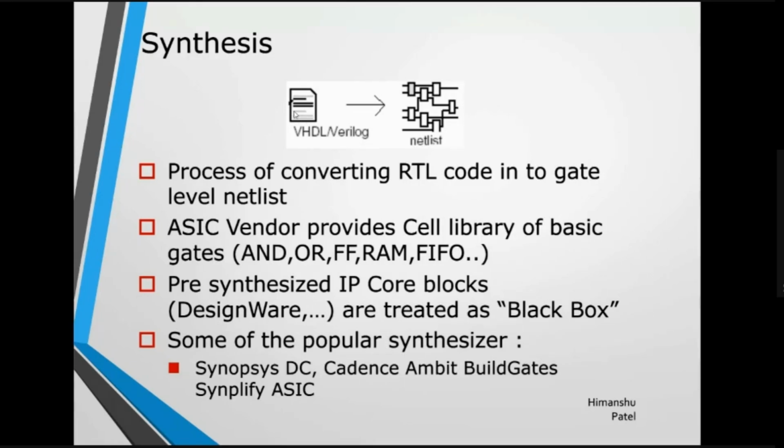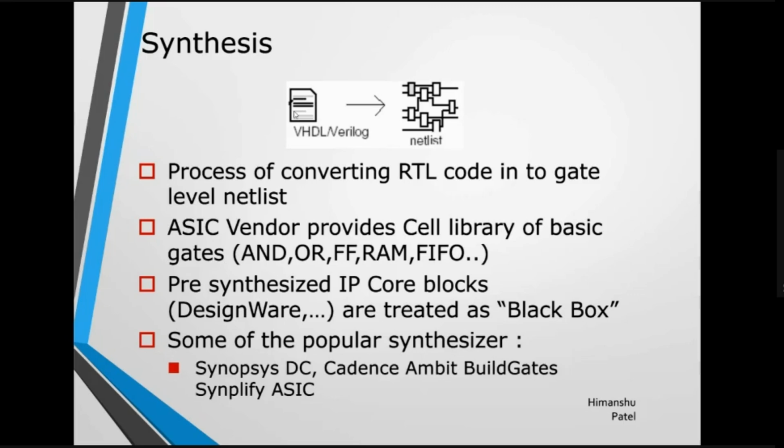Even if you take the RTL flow and the netlist flow, if you are going with the RTL flow, once RTL is given to the physical design team, even the physical design team has to synthesize it to gate level to proceed further, because the physical design team cannot work on direct RTL.